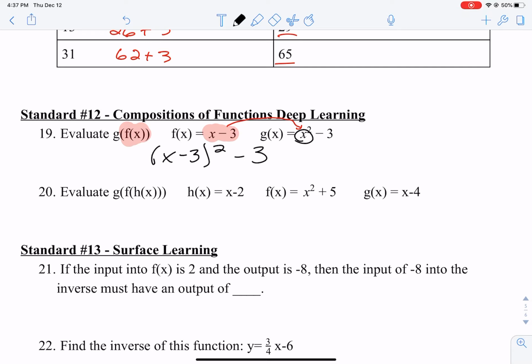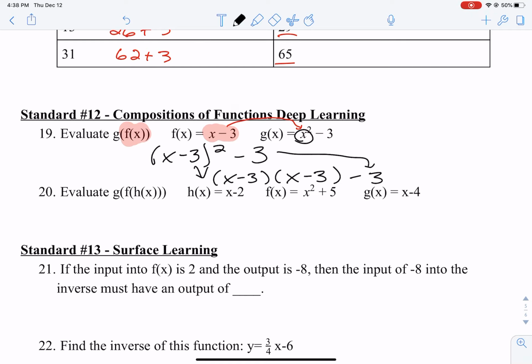Now, where people screw this up is they say that this is x minus 9, or x squared minus 9, or x squared plus 9, or something like that. You have to FOIL this. This needs to be FOILed. So this is x minus 3 times x minus 3, and then we have the minus 3.